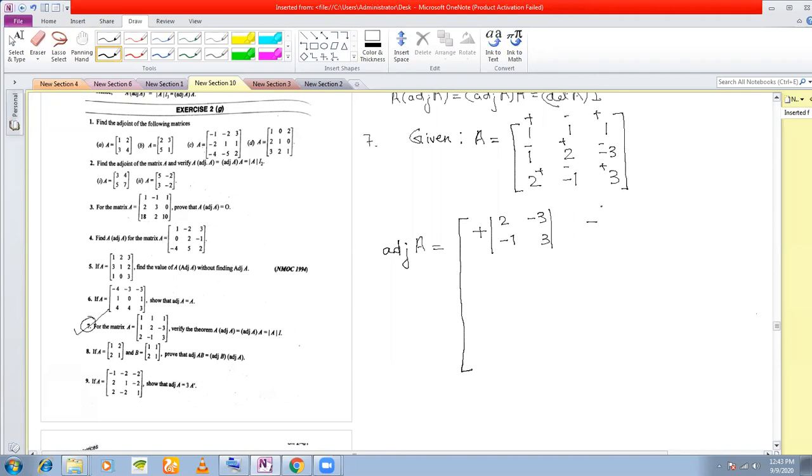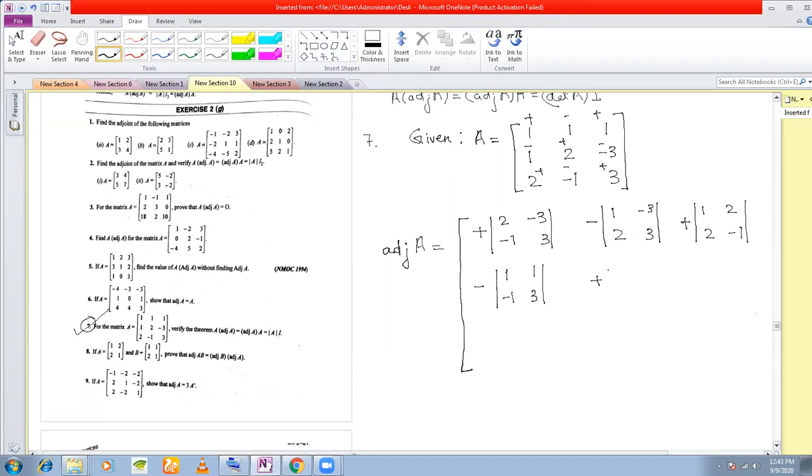Then with the minus sign, you have [1, minus 3; 2, 3]. And then again with the plus sign, the minor is [1, 2; 2, minus 1]. Again here with the minus sign, the minor here is [1, 1; minus 1, 3].